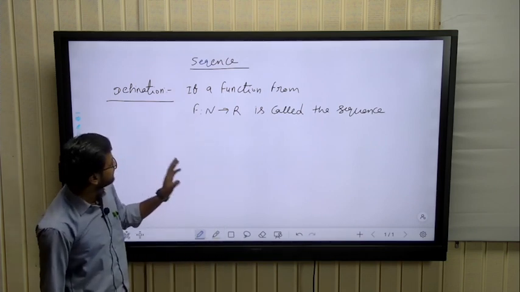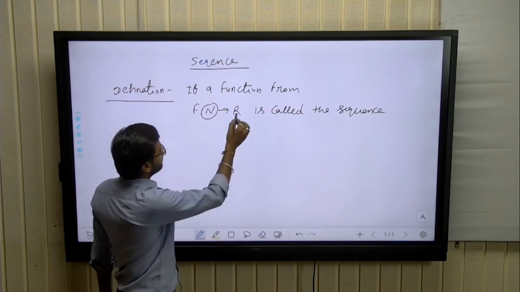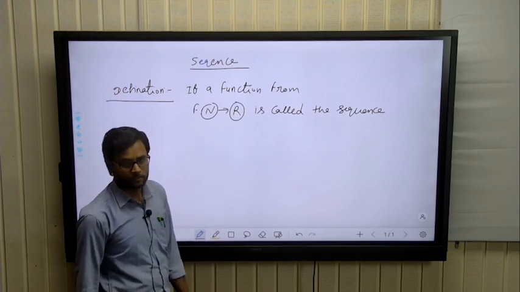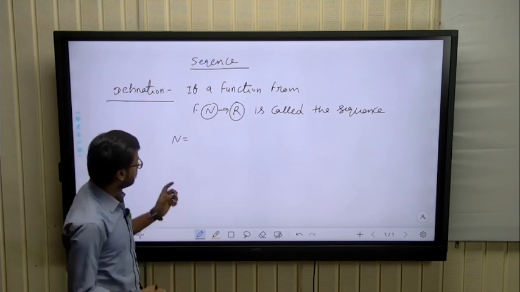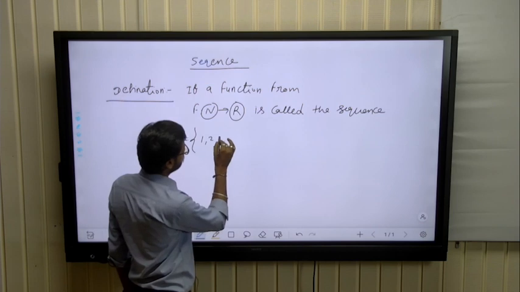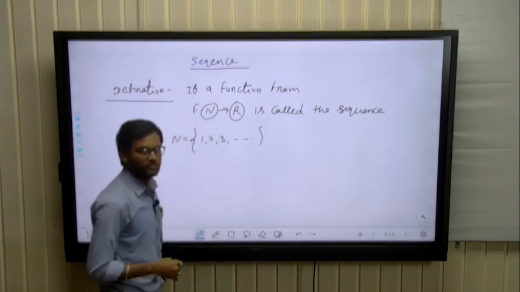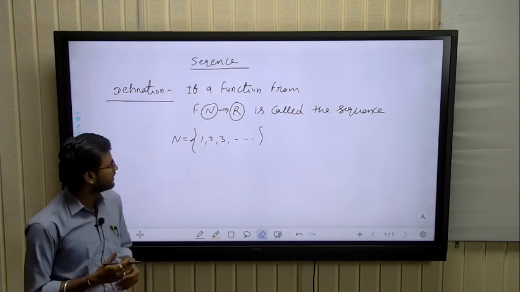Now we see that the domain of this function is the natural numbers and the range is the real numbers. What is a natural number? Natural numbers start from 1, 2, 3 and so on, and real numbers include positive numbers, negative numbers, and rational and irrational numbers also.